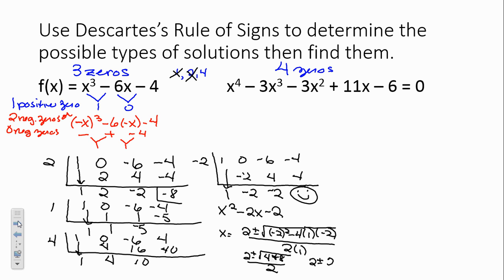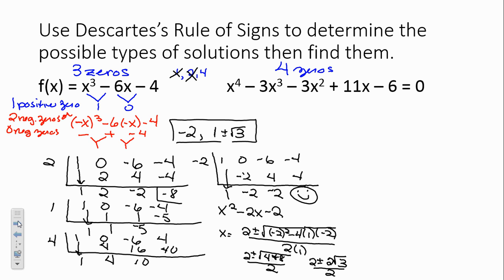That 4 comes out as a 2. The 3 stays in. 2 on the bottom. Everybody's got a 2. So we'll have 1 plus or minus the square root of 3. Negative 2 was a 0, and 1 plus or minus the square root of 3.